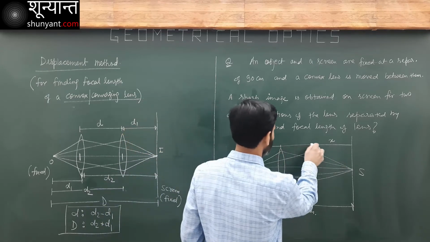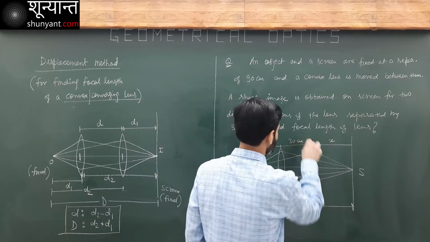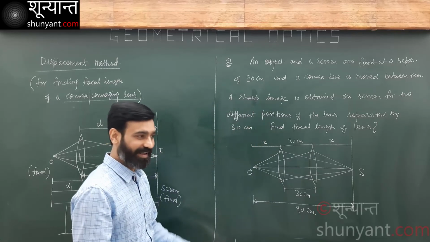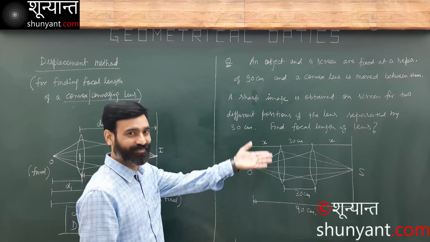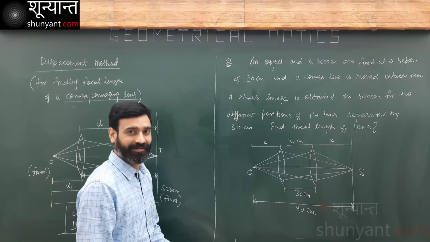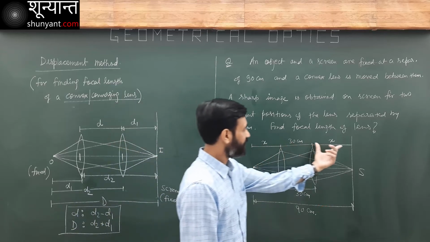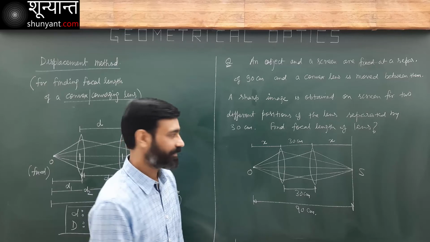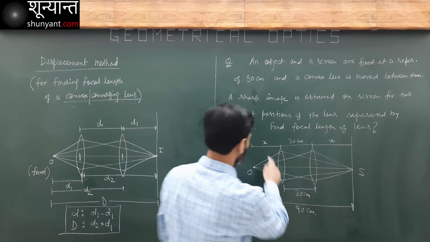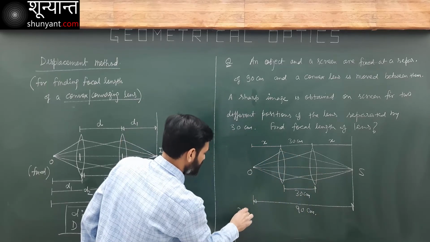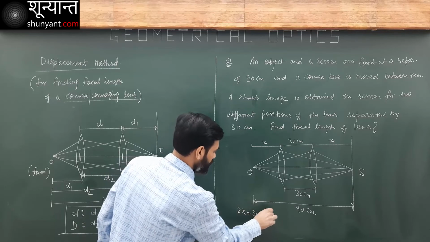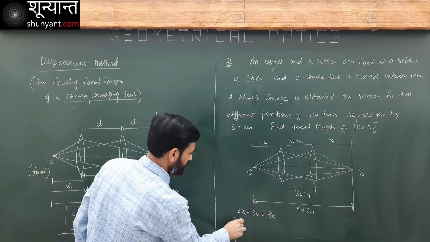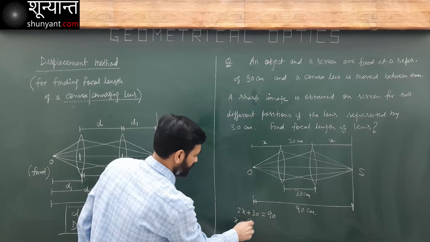And this is 30 centimeters. We have the answer right before our eyes. If this is x, this must be x. Simple reciprocity, that's it. So what I have is 2x plus 30 is equal to 90. What is x? 30 centimeter.